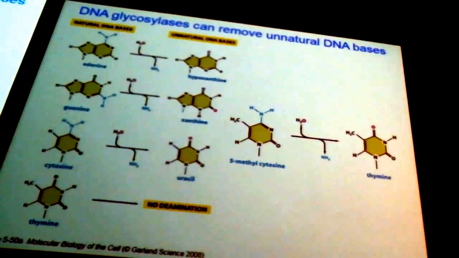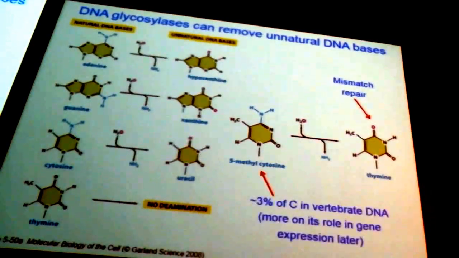There's one special case where if you go from a 5-methyl cytosine, which is a base that does occur in humans and many other animals, you can then get thymine. Okay? But this is a normal base that's found in DNA, and it's used for regulation, as we'll discuss later. It's found in a small percentage, 3% in vertebrate DNA. And this is also a normal base.